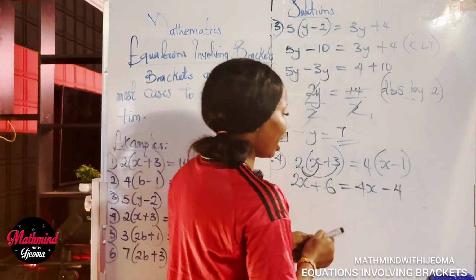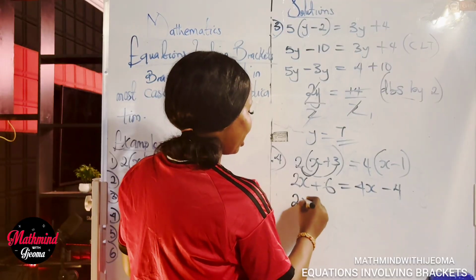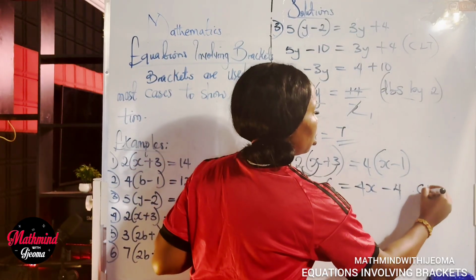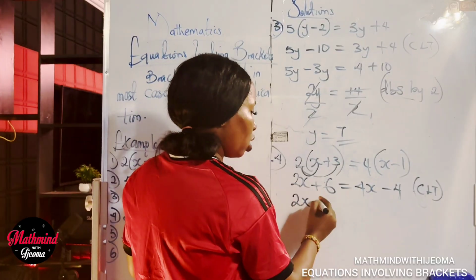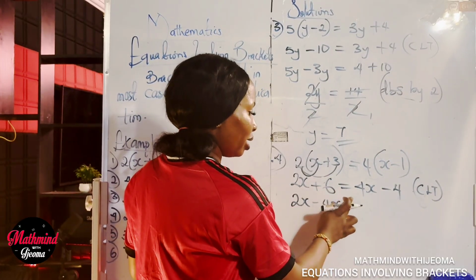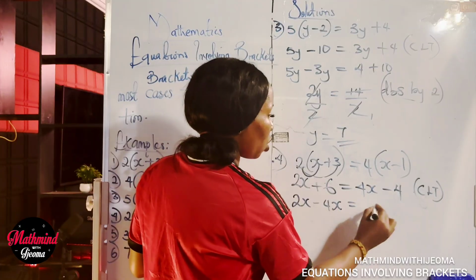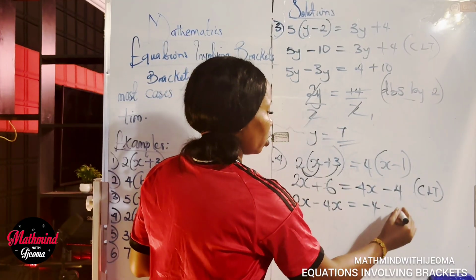If we are collecting like terms, we are going to have 2x minus 4x. If this moves to here, it is minus 4x equal to minus 4 minus 6.